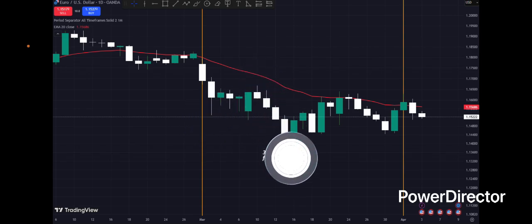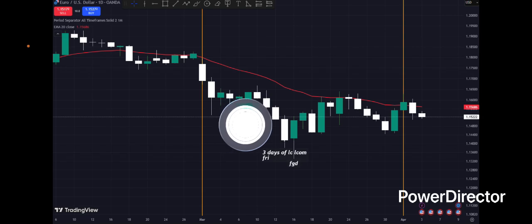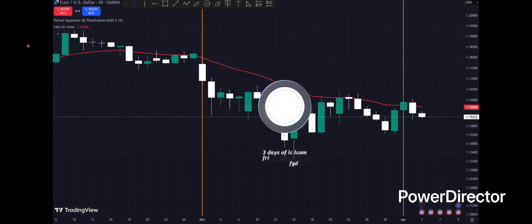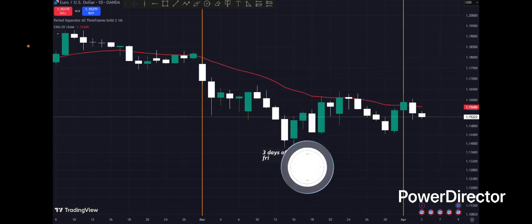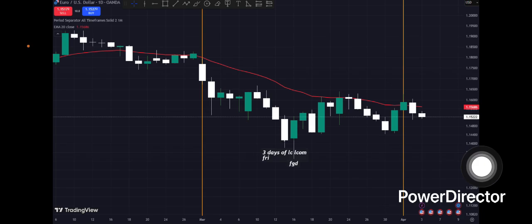We are breaking that level with 3 days of lower closes, right? 3 days that compared to the previous day close and breakout. 3 days of lower closes down into the lowest close of the month, all right? That happens on a Friday, and then the next Monday is our first green day signal day, all right? Which means we may come to our charts on Tuesday looking for a long opportunity.